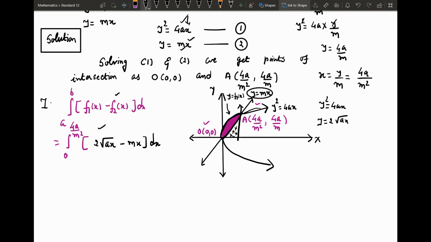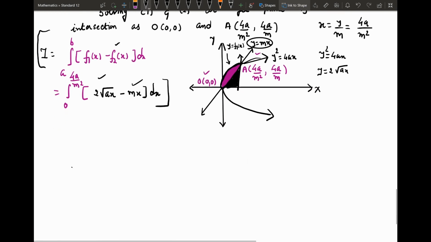So we are removing this portion, so the remaining will be the area of intersection of the parabola and the straight line. To remove this black portion, we are subtracting this one. So we will use this formula to find the area.